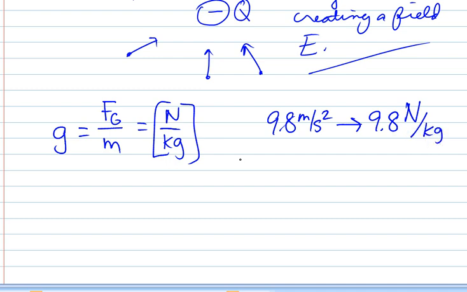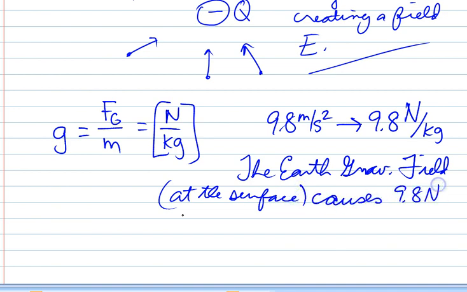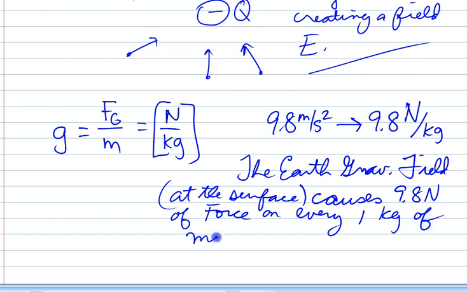That's worth writing out. The Earth's gravitational field at the surface causes 9.8 newtons of force on every 1 kilogram of mass.